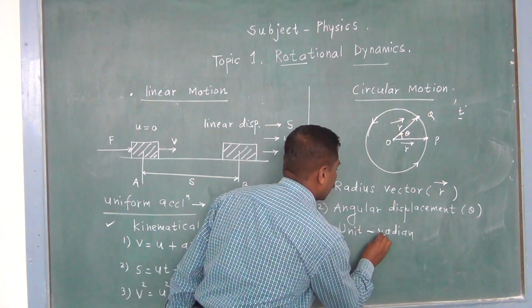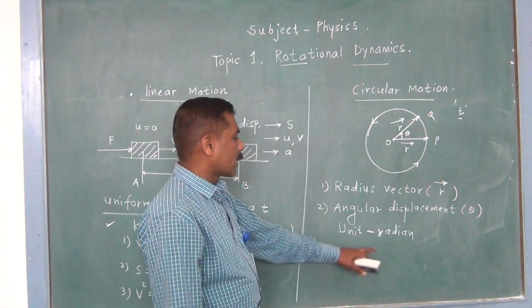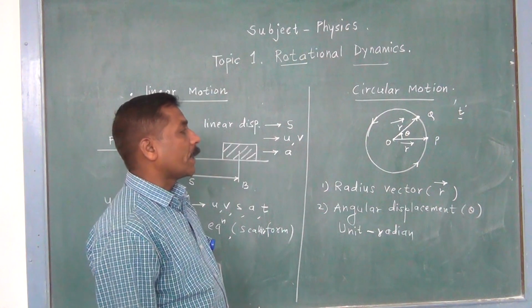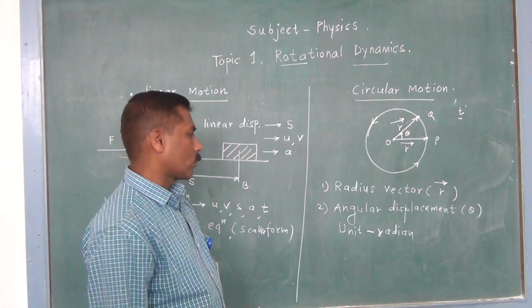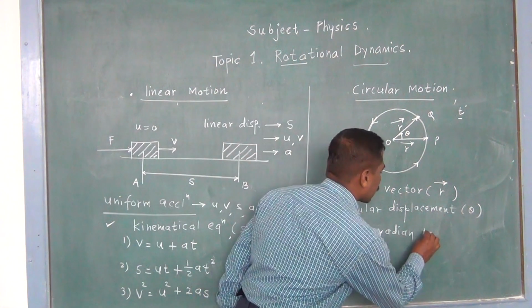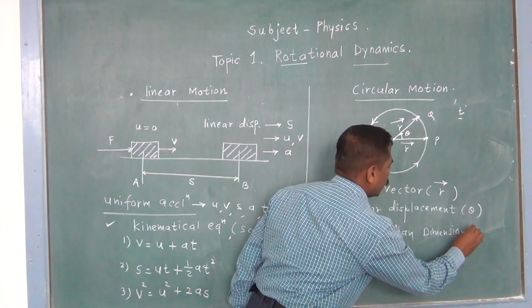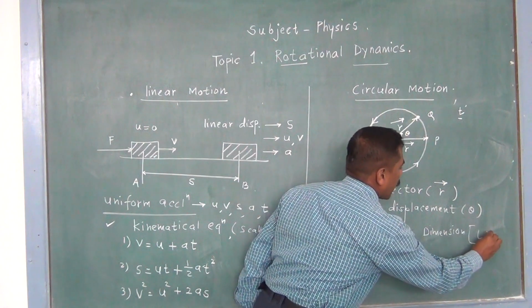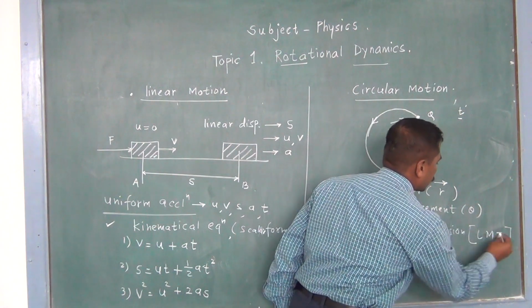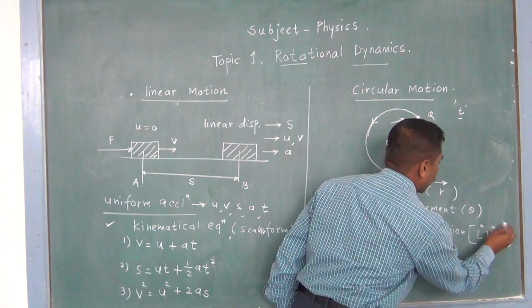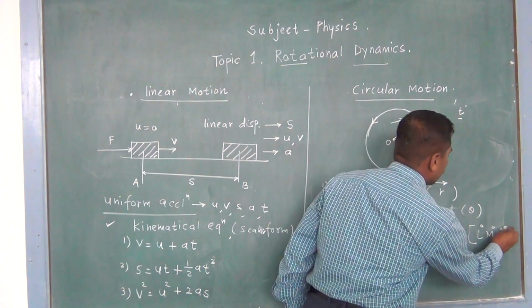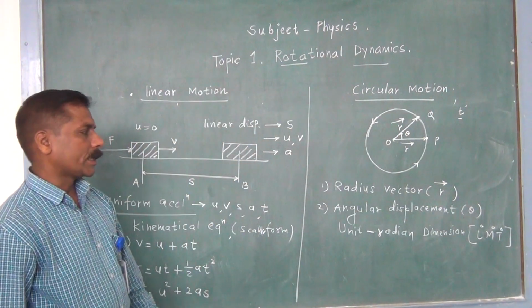Already in the 11th standard we have seen the radian, it is the unit of the plane angle in the fundamental quantity. Similarly we can write the dimension for this terminology also. The dimensions of this term are written as 0, meaning it is a dimensionless quantity.